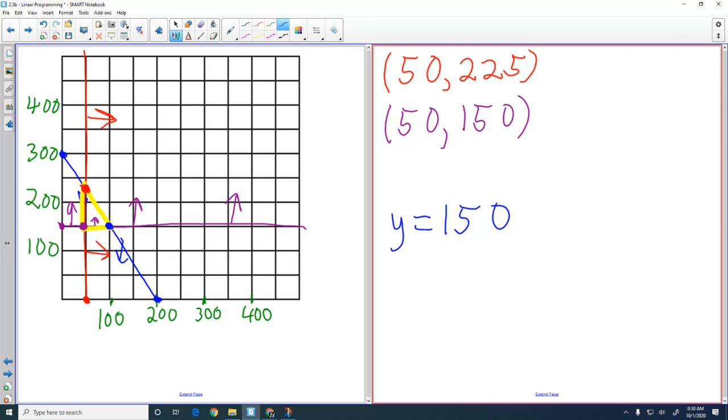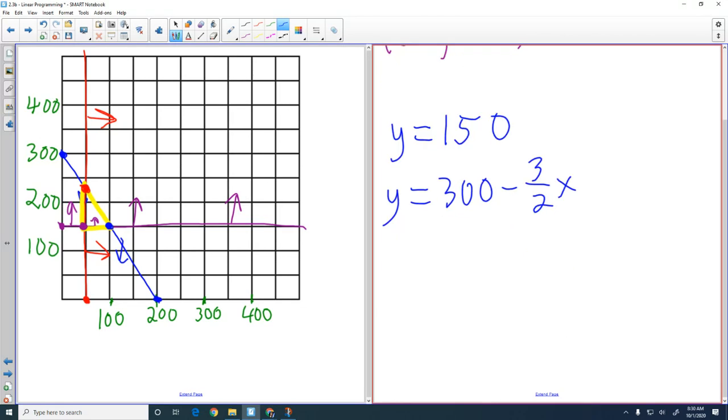That diagonal line is y equals 300 minus 3 over 2x. So we're trying to find the intersection point of these two lines. We could just plug this 150 in for y. Make sure you don't plug it in for x, right? This doesn't say x is 150. It says y is 150.